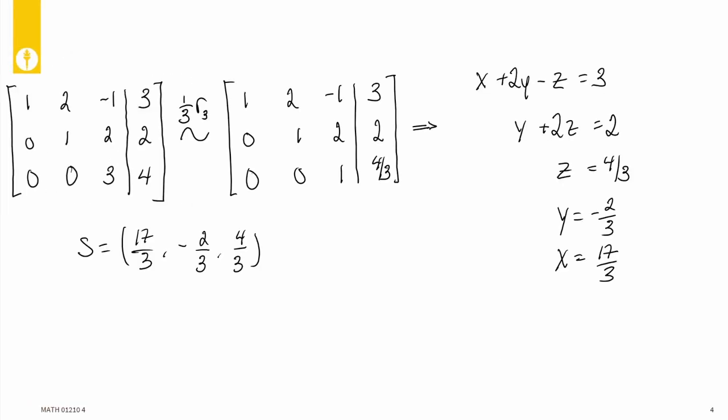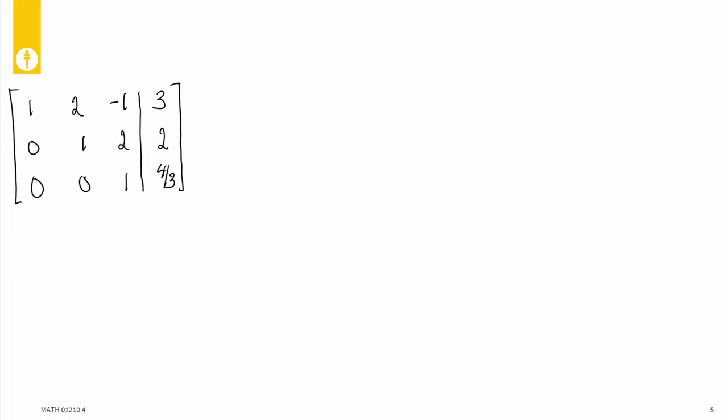For Gauss-Jordan, we would continue, right? Because we want to get it down to RREF. So we already got to here. What do we have to do now for RREF?